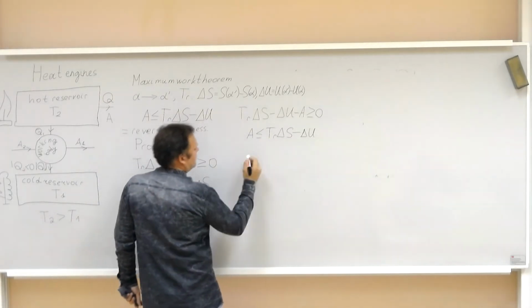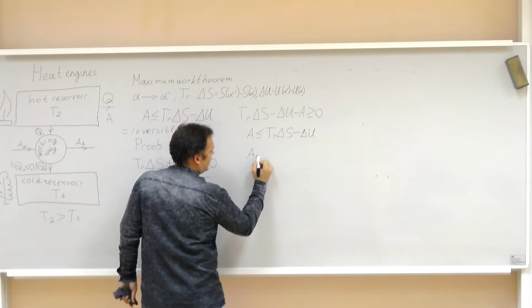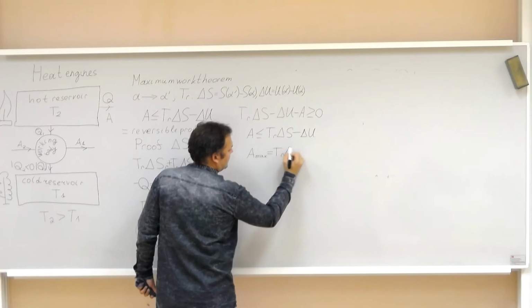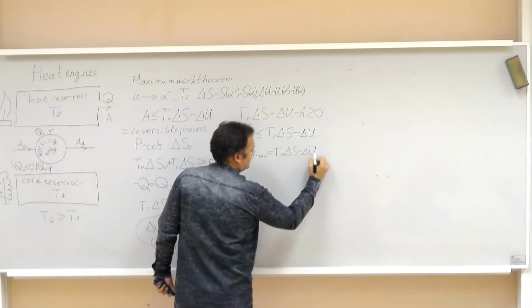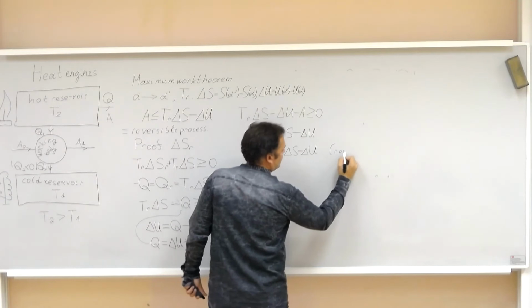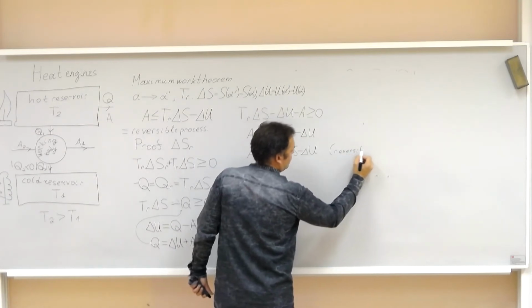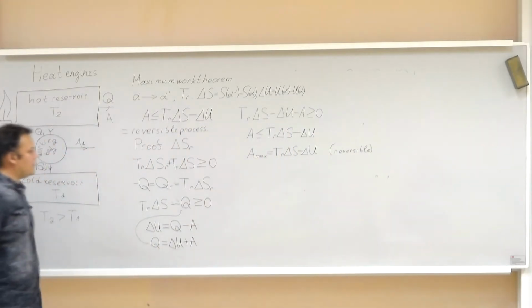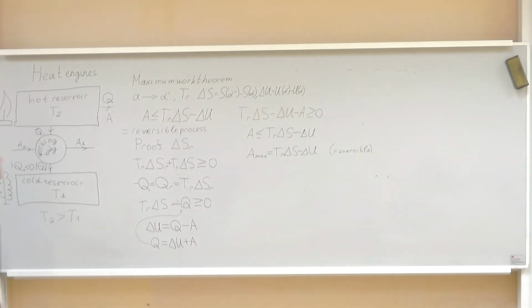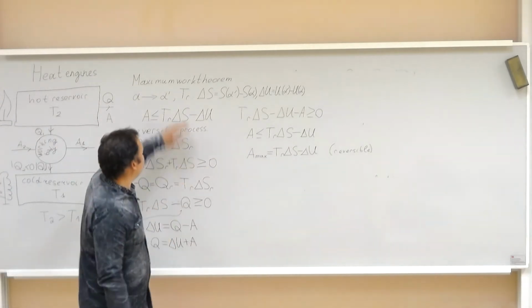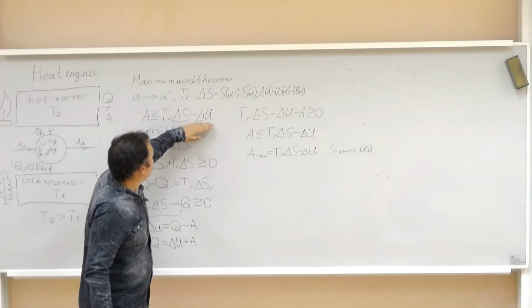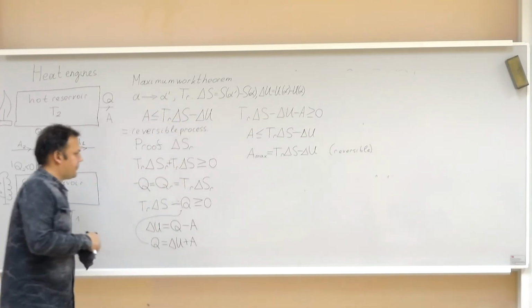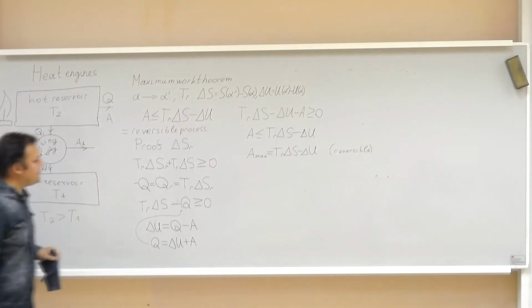And if the process is reversible, we get the maximal work, A maximum, equal to T_R delta S minus delta U. And this is the maximal work that can be produced in the process in which the entropy and internal energy of the system changed by delta S and delta U. Okay.